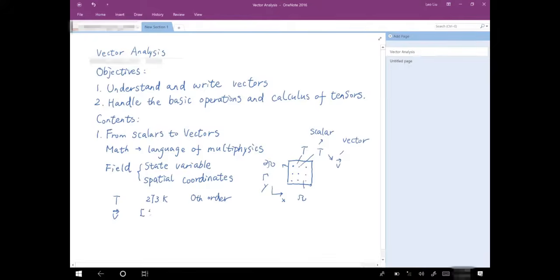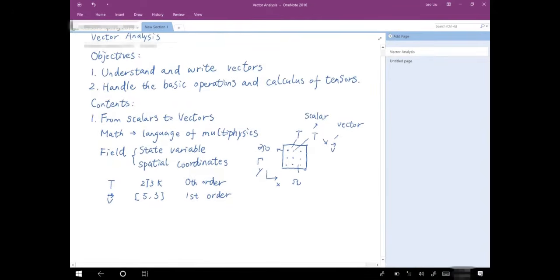Let's say, for example, 5 meters per second along x and 3 meters per second along y. And in this case, we use a 1D array to represent this V, this field. And this is the first order of tensor. So you can see that scalars and vectors are just special cases of tensors.